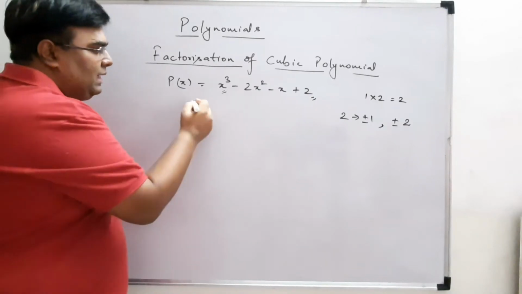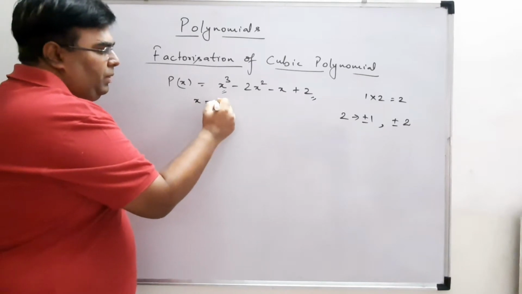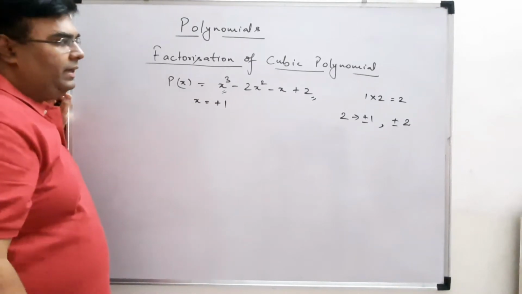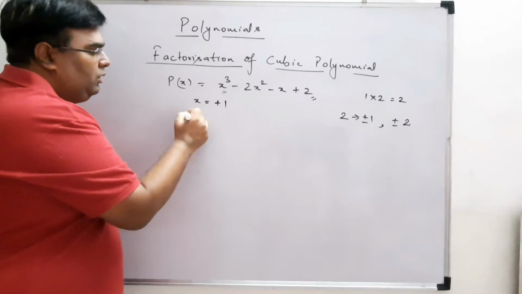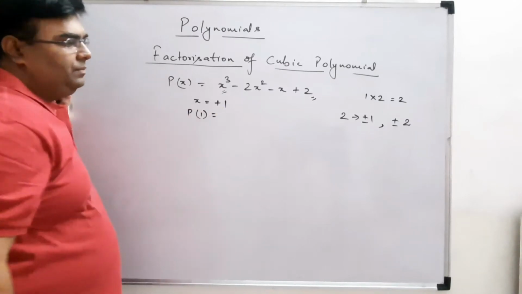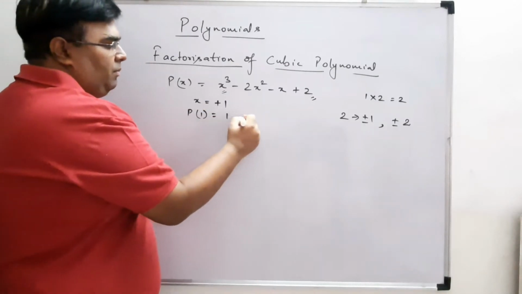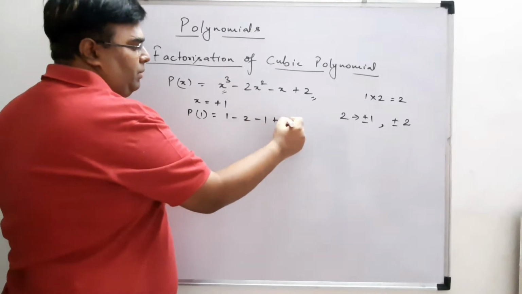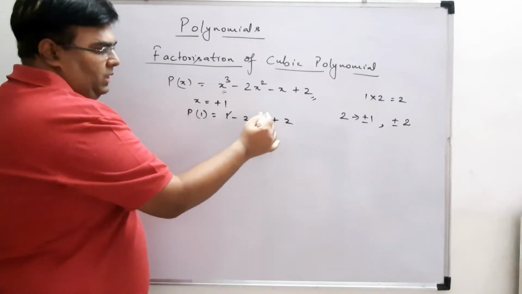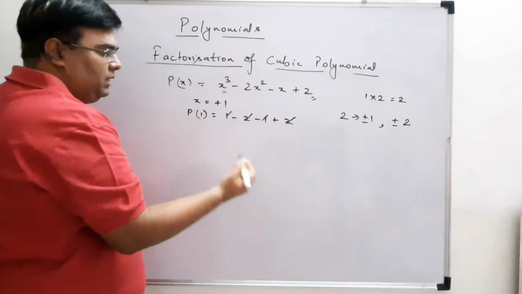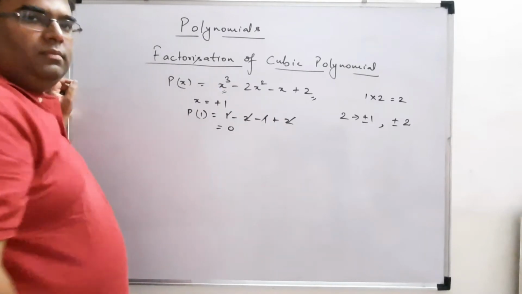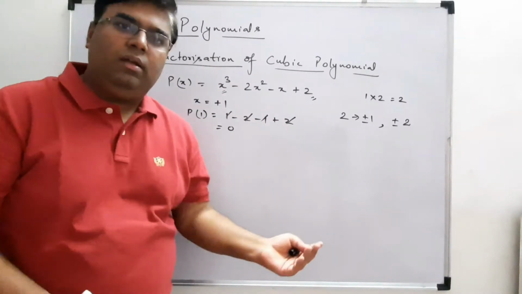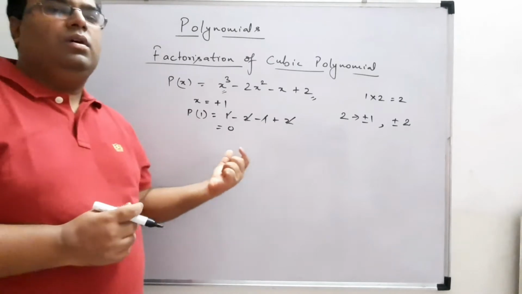Suppose we put x equal to plus 1. Then p(1) will be 1 minus 2 minus 1 plus 2. So 1 minus 1 cancels, minus 2 plus 2 cancels. So in the first attempt only we have got the value 0.